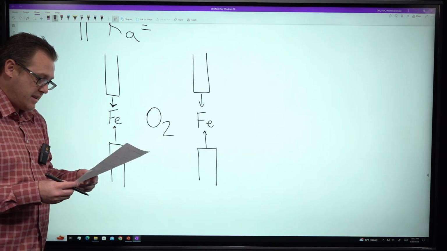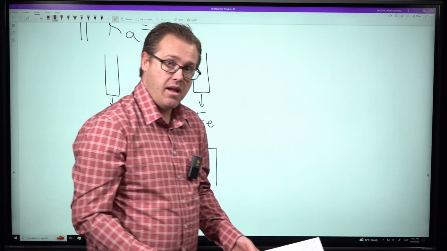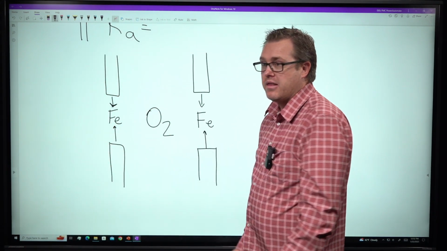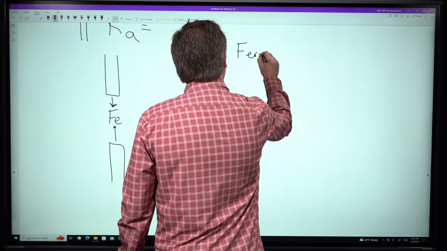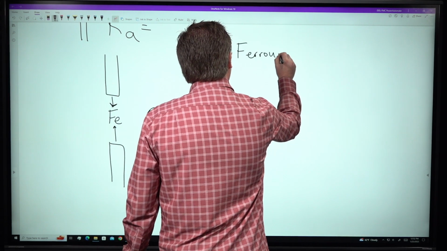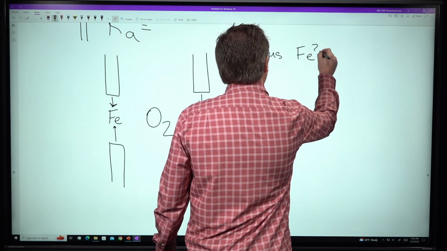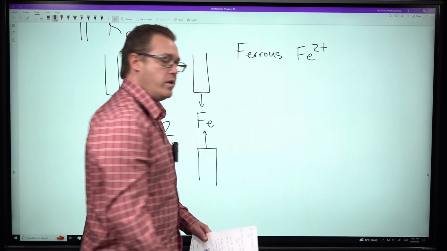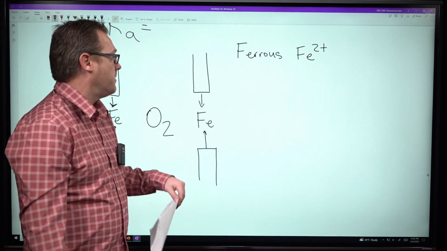And so when that does that, it's going to oxidize the iron from the ferrous state, which is the 2 plus, which is the state that iron needs to be in order to bind oxygen.